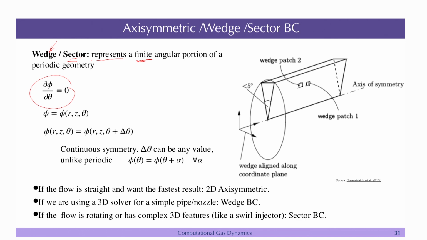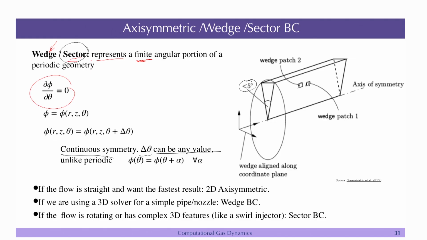If you have a completely 3D code and you want to do a 3D simulation, instead of less than 5 degrees you can maybe take 20 or 30 degrees, and that will become the sector boundary condition. So it need not be just one cell, there can be multiple cells in the azimuthal direction. One thing I talked about in the last class: unlike rotational periodic, which was a discrete symmetry, meaning delta theta was fixed and the flow repeated at that delta theta again and again, just like on a turbine shaft, axis symmetry is a continuous symmetry, where delta theta can be any value.